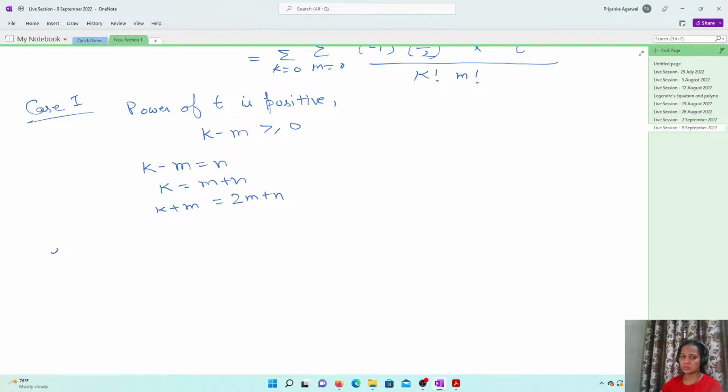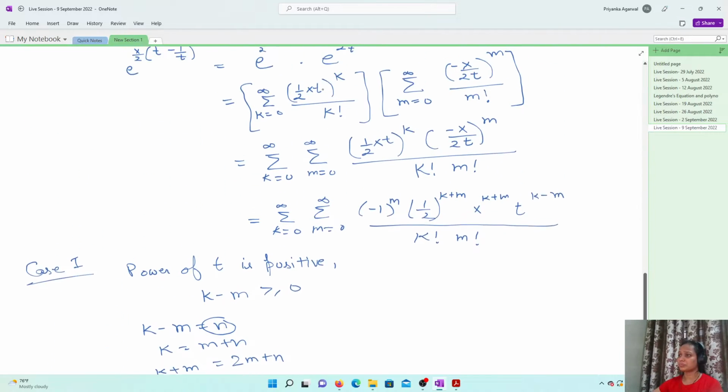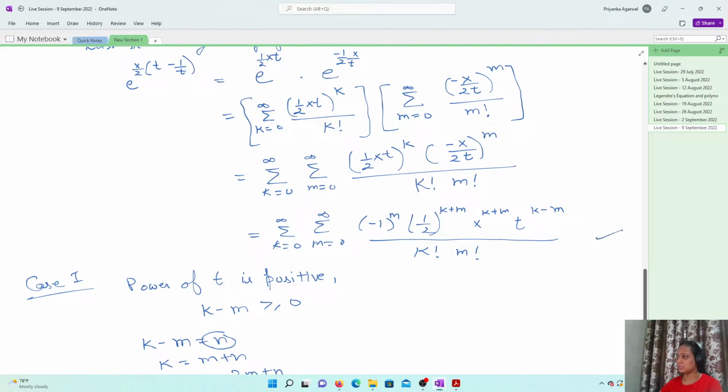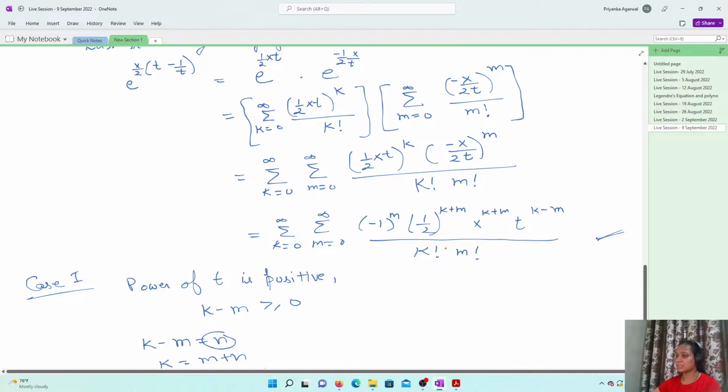So now this term e to the power x by 2 into (t minus 1 by t) becomes summation n equals 0 to infinity. So I am now replacing k by n, because if k is going from 0 to infinity and n is going from 0 to infinity, then n will also go from 0 to infinity. And since we are eliminating k from the entire equation, we will replace k by n.